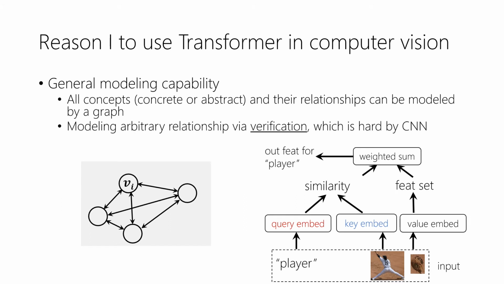The general modeling capability is also partly ascribed to the verification principle in building relationships between graph nodes. Please see the right illustration. Thanks to the verification philosophy, transformers can process image patches of different scales and even process multi-modal data such as text and images.